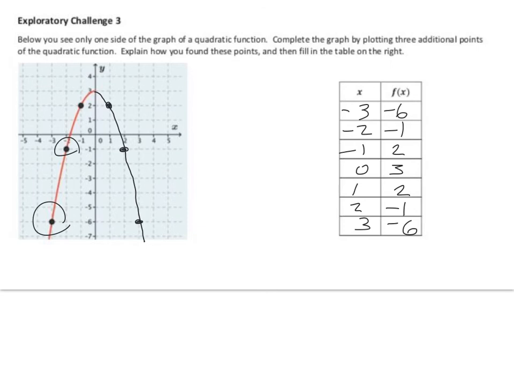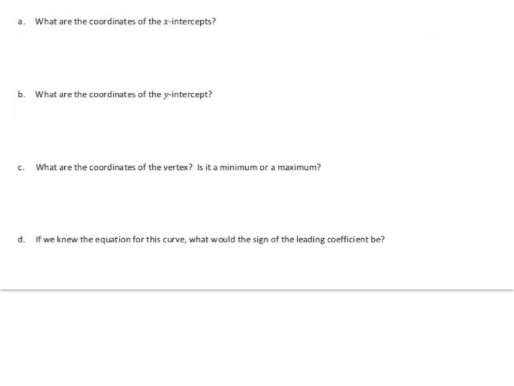And if you look at the y values, they're exactly the same because I reflected over, right? What are the coordinates of the x-intercepts? Not as easy to figure out, but we're going to say -1.7 and +1.7.